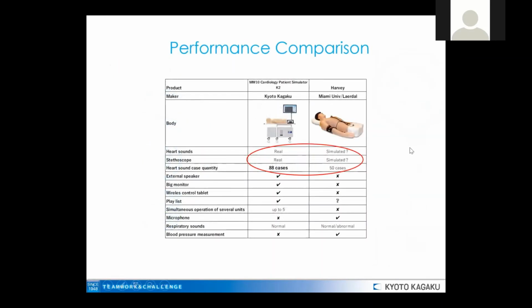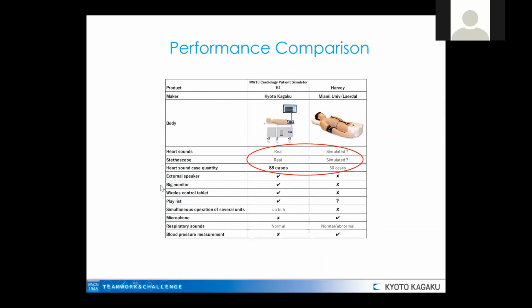And of course, there are many models now in the market, but there is one that is also being promoted these days. We have heard about Harvey, which was developed by Miami University and is, I think, right now promoted by Laerdal. And we have some differences here.